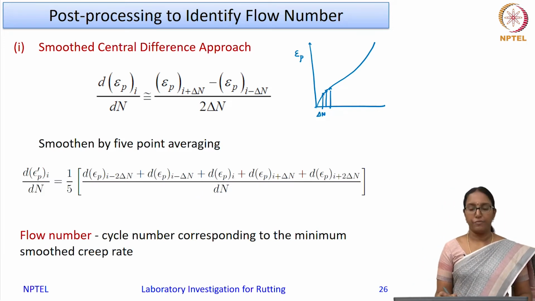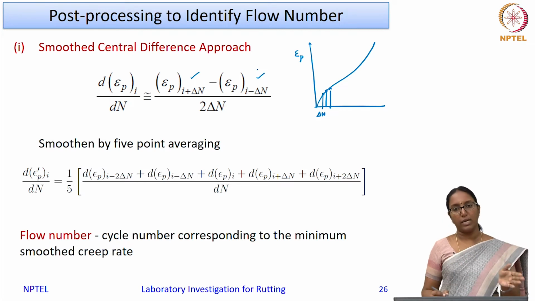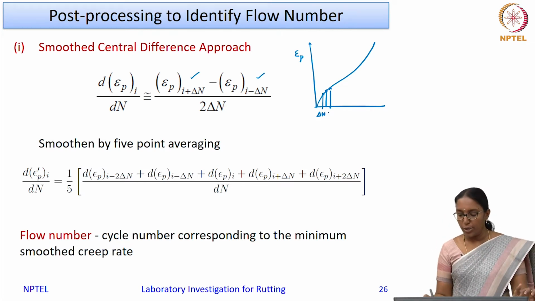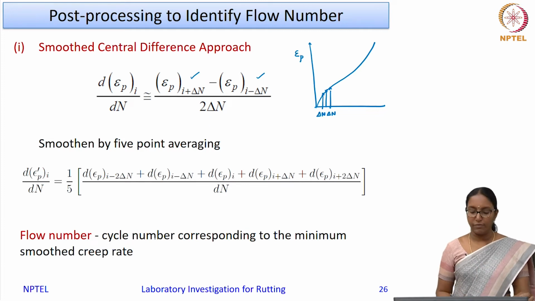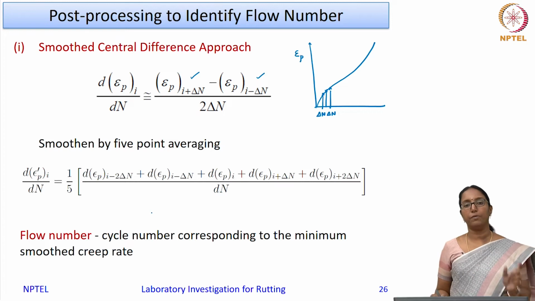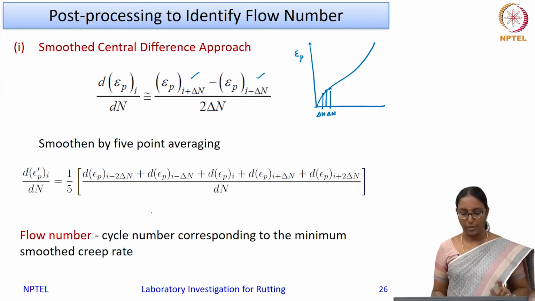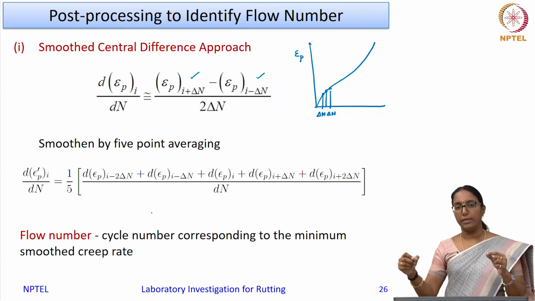Then take the difference: it is strain corresponding to the i plus delta n cycle minus strain corresponding to the i minus delta n cycle. So there will be two intervals, divided by 2 delta n, which will give you the differential value or the rate of change at the ith point. Similarly, you find the rate of change at every point in the data.